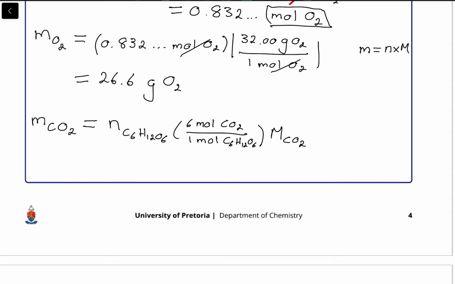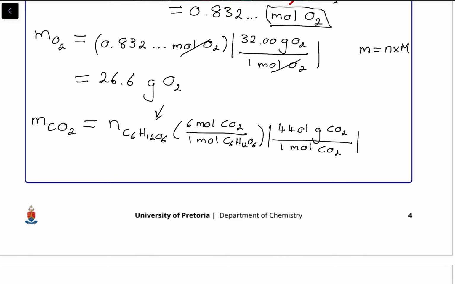In principle, that is a unit conversion of the molar mass of CO2, which is 44.01 gram CO2 per 1 mole CO2.